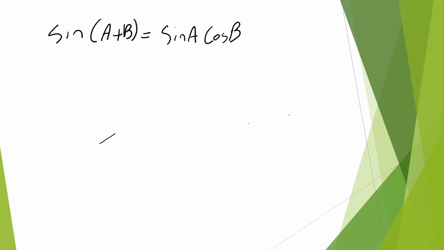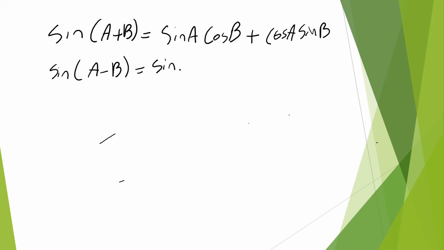So the four identities that we're going to discuss: sine of A plus B equals sine A cosine B plus cosine A sine B. And then we have obviously the minus, which is the same with the minus sign.